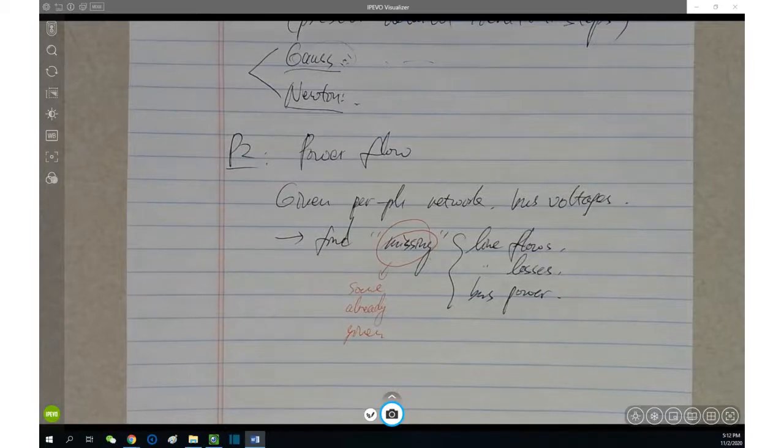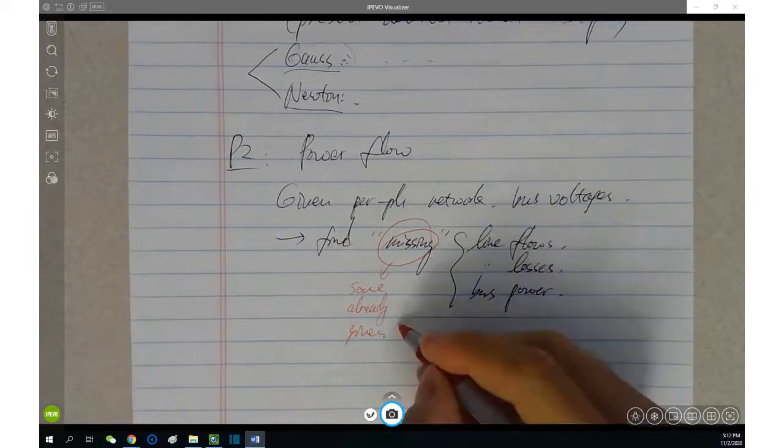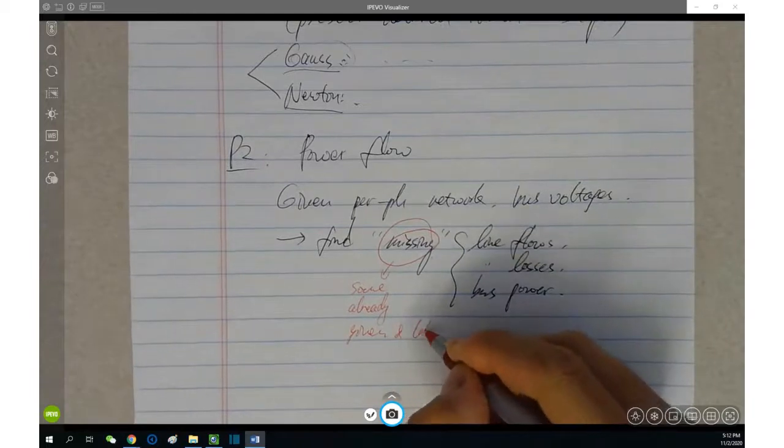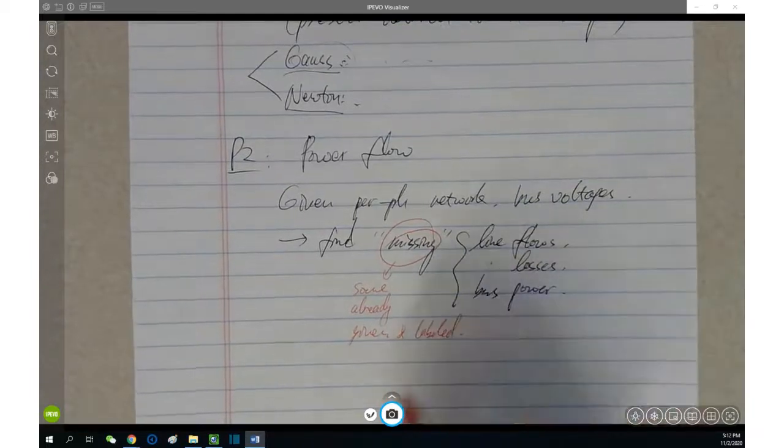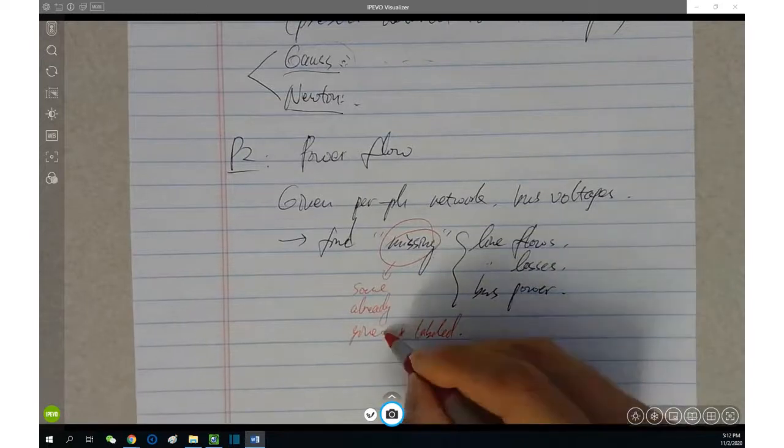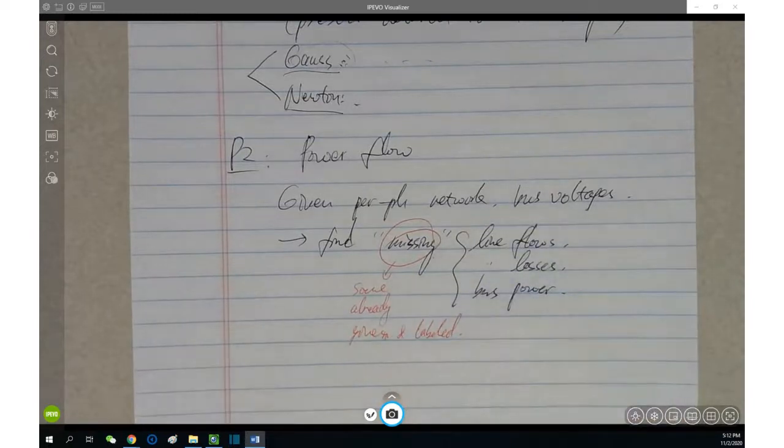Some of them are already given and labeled. From reading the graph, you can tell what is given and what is the power. So reviewing the quiz problem is a very good example for you to exercise.